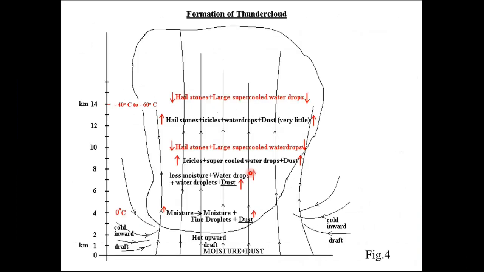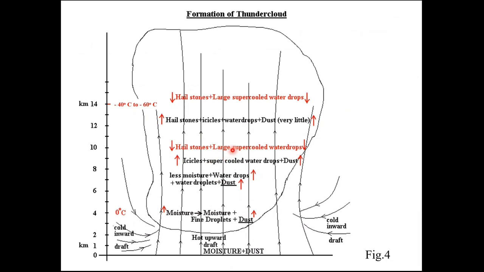It is shown here. The red letters show the mixture that's coming down, hailstones and large supercooled water droplets. Upward, we have various levels of moisture, fine drops, dust, and then less moisture, more water drops, then water droplets here, and then more and more icicles, supercooled large water drops, dust again, hailstones and large supercooled drops which are coming down.